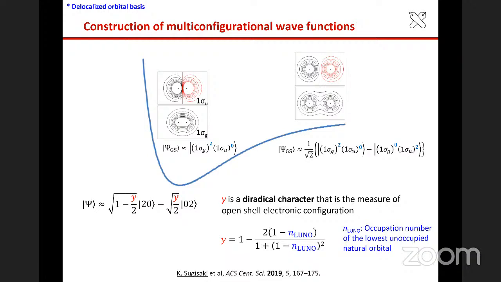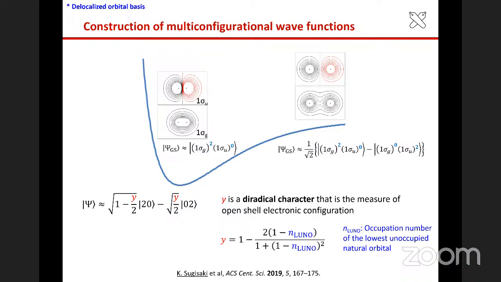But in the bond dissociation limit, the wave function can be written like this. So the 2, 0 and 0, 2 configurations have equal probability, because in the bond dissociation limit these two orbitals are degenerate.